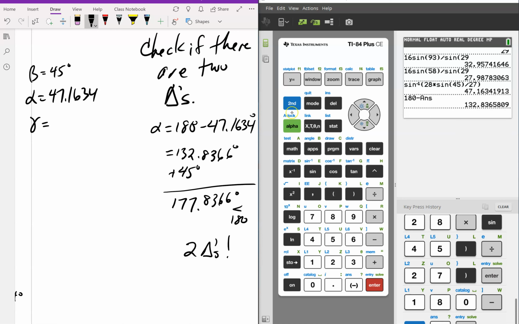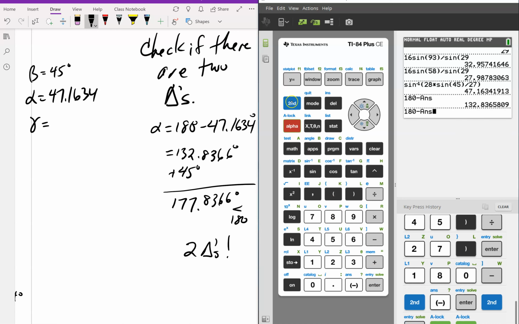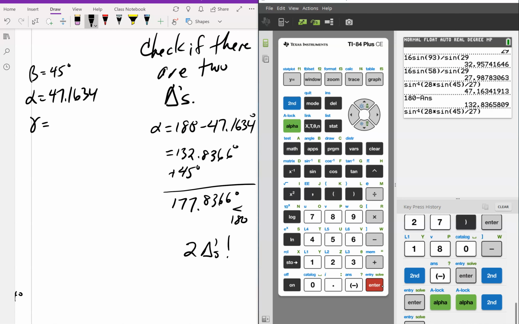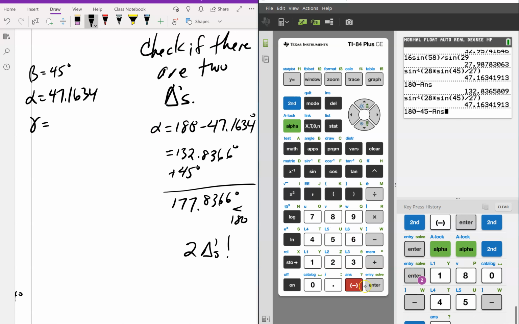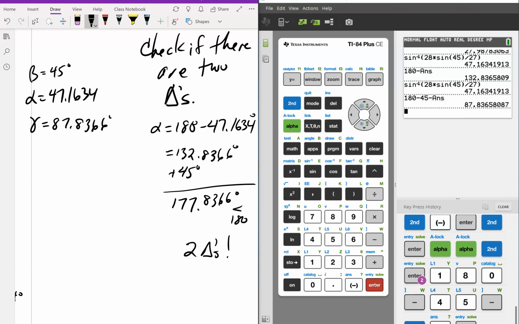Let me go back up. Our alpha was the 47.1634. We need to do 180 minus 45 minus that angle. Our gamma will be 87.8366 degrees.